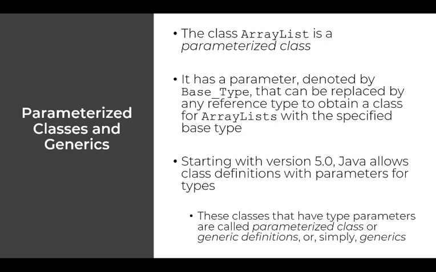It has a parameter, denoted by the base type, that can be replaced by any reference type to obtain a class for ArrayList with the specified base type. That started with version 5 of Java. So these classes that have a type parameter are called parameterized classes, or generic definitions, or simply generics.